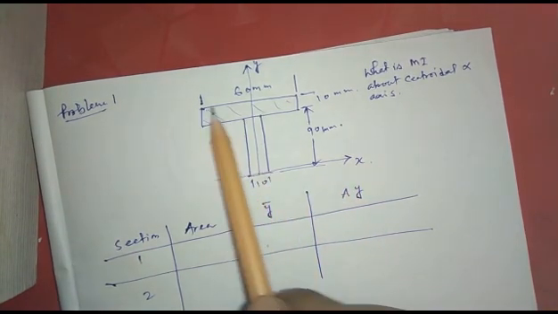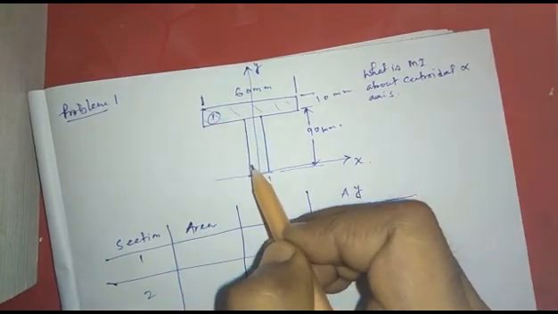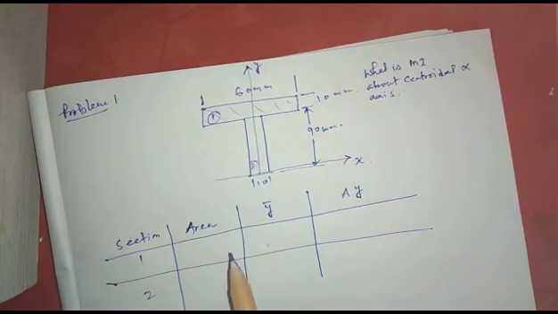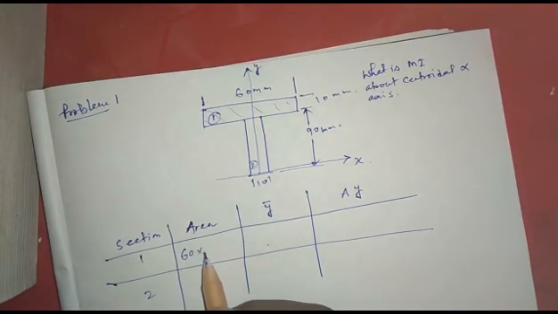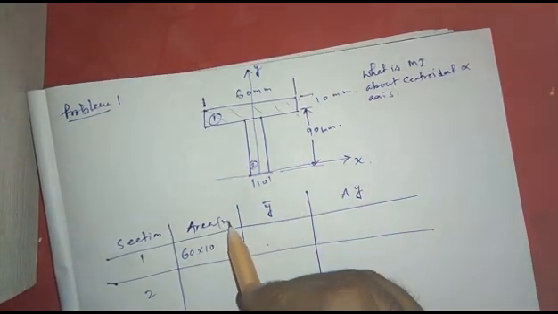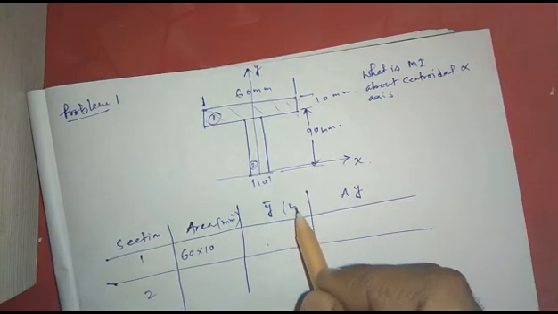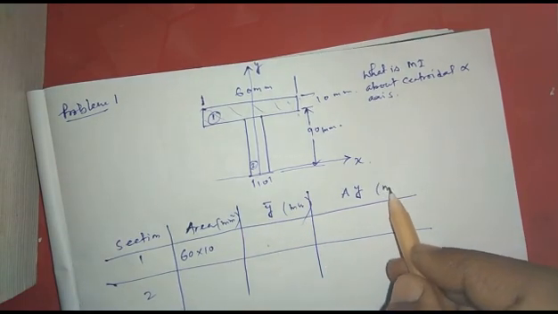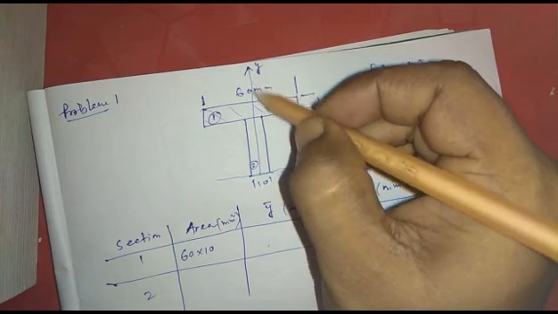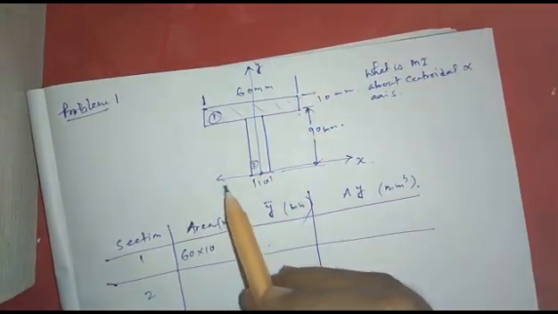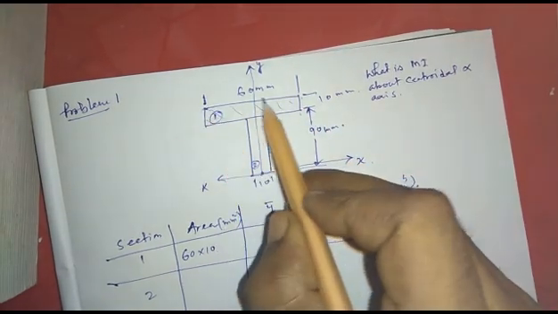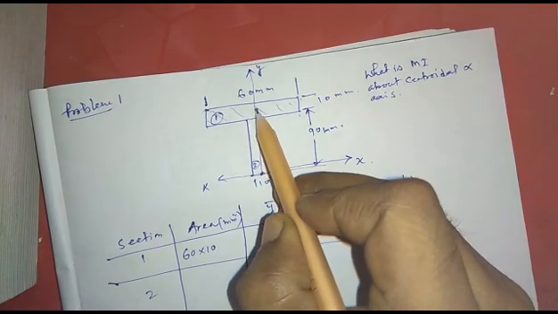So for the first one, say this is our section 1 and this is our section 2. For section 1, the area is 60 into 10. The unit of area you need to write it millimeter squared. Now this is our axis and this is origin. This is x-axis, this is y-axis. So the centroid of this rectangle lies here.